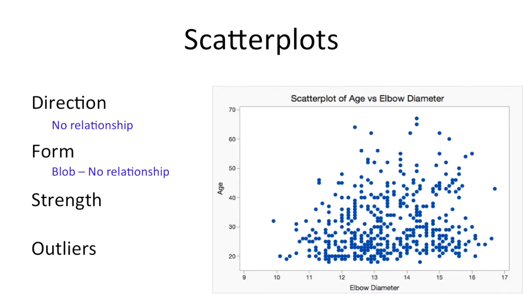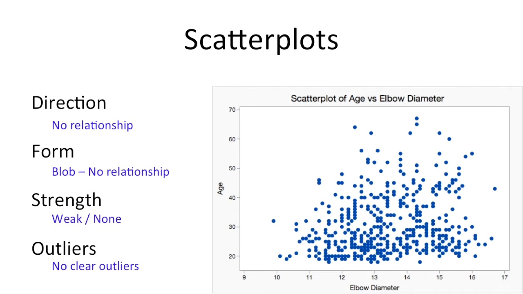If we were to draw a line of best fit, we would just draw a flat horizontal line that goes through the mean of X, or the mean of age. Because regardless of what someone's elbow diameter is, that doesn't really give us any information to better predict their age. In terms of strength, very weak or no relationship. And there are no clear outliers.